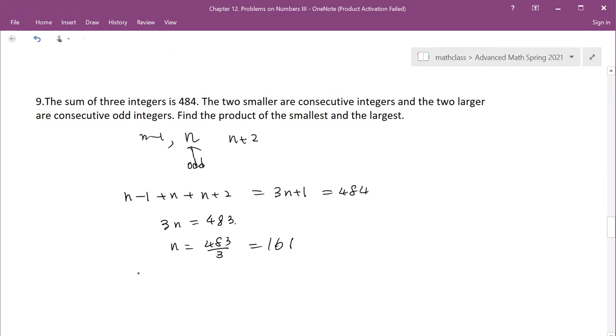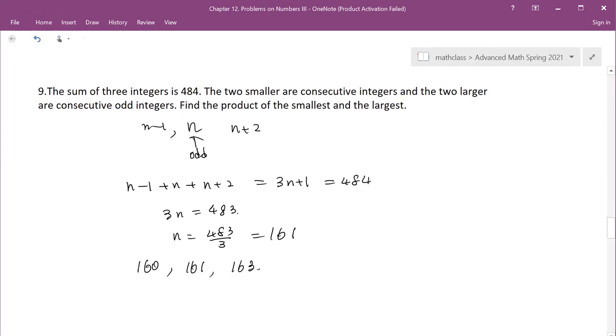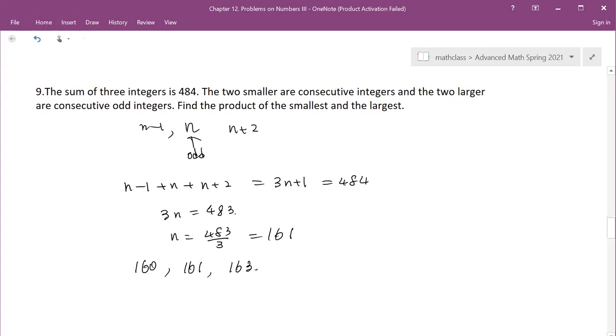Then the other numbers are 160, 161, 163. That's it. Then you multiply these. So that should be 2608.